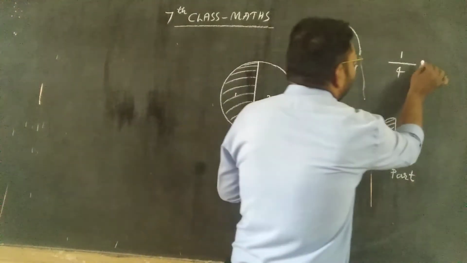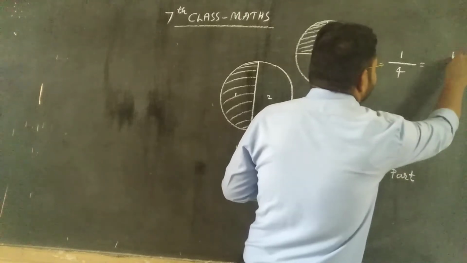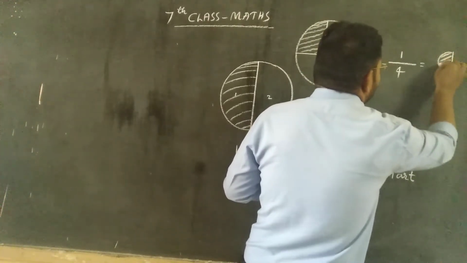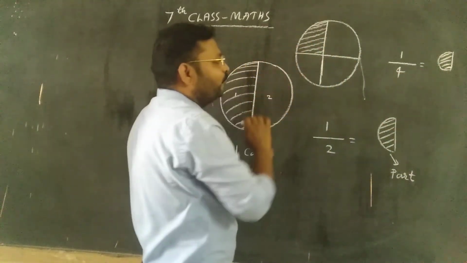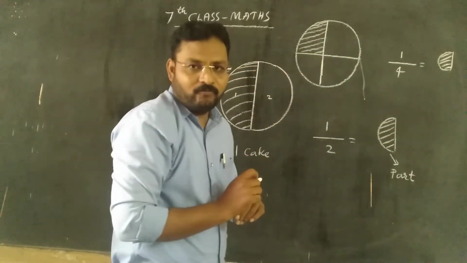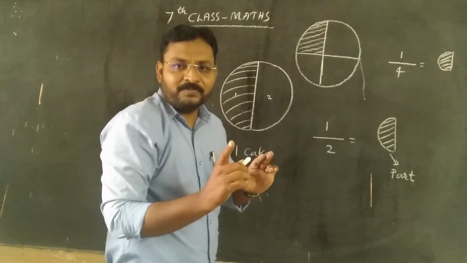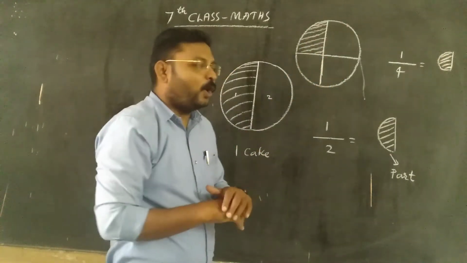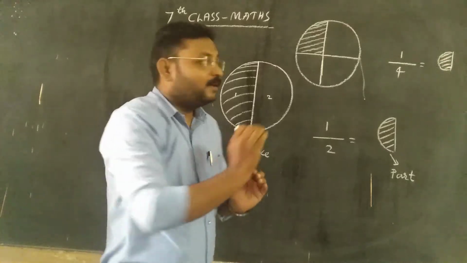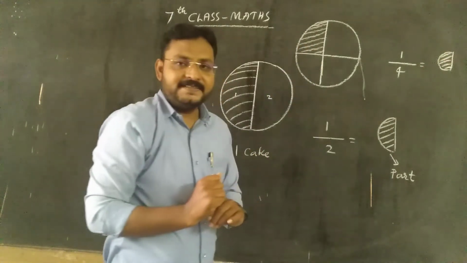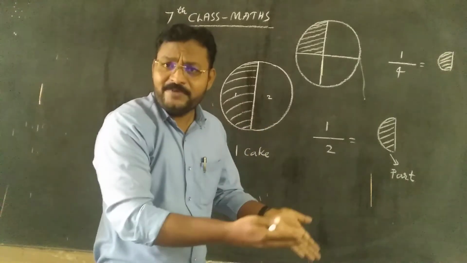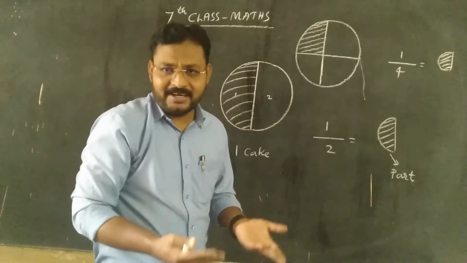Then we call this 1 by 4, in this manner. Out of total 4 parts, one part is called 1 by 4. So here 1 by 4 is also a fraction.